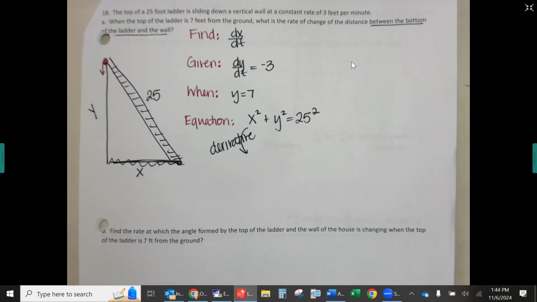So if you know the y is 7, you'll plug it in for everything except for your x.